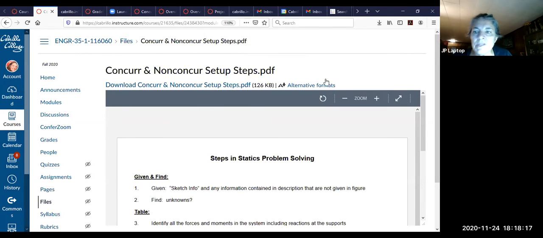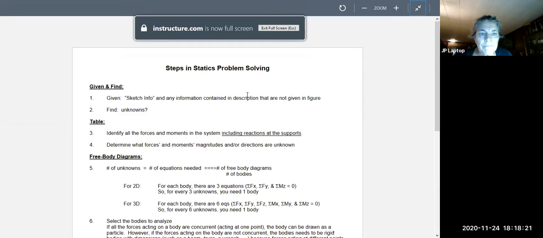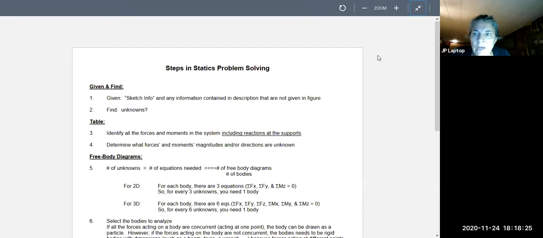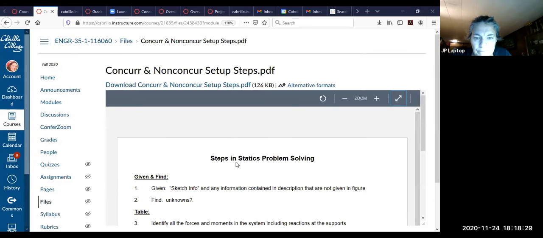Okay, everybody can see these steps now, right? Make them bigger. Okay, I'm going to go to Word.